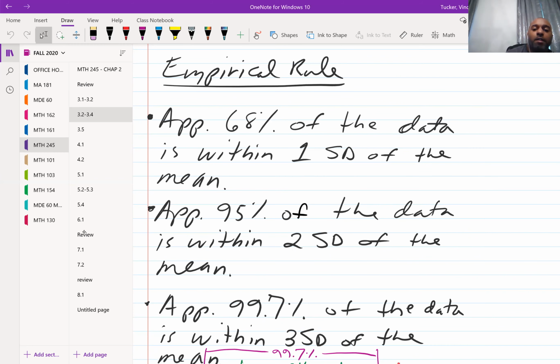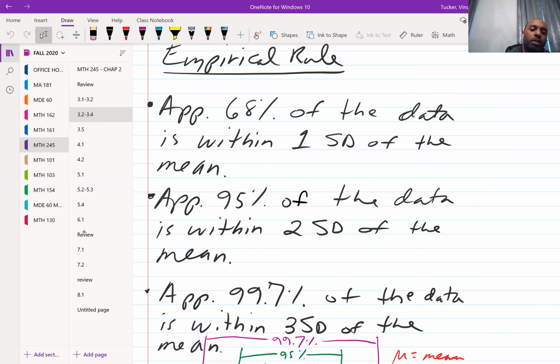Approximately 95% of the data is within two standard deviations of the mean. Then approximately 99.7% of the data is within three standard deviations of the mean. All right, give you a second to copy that down.